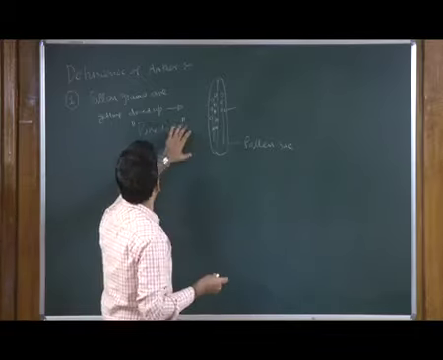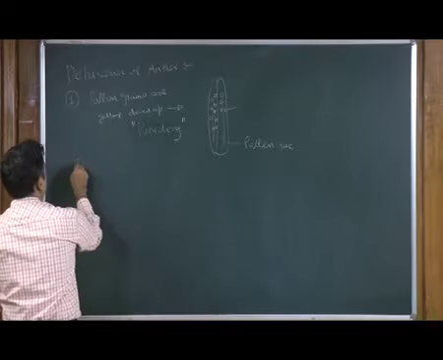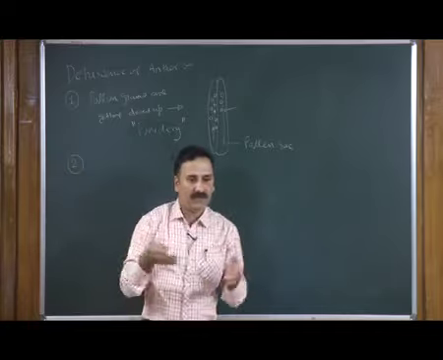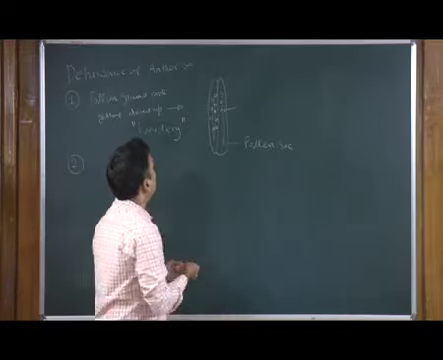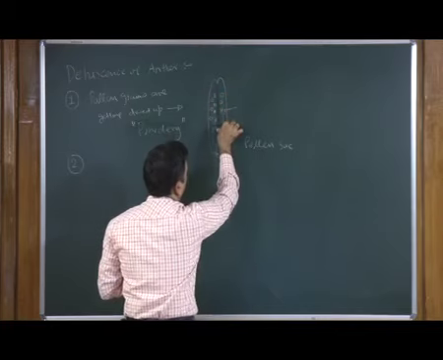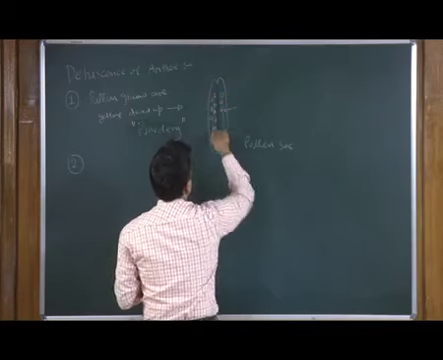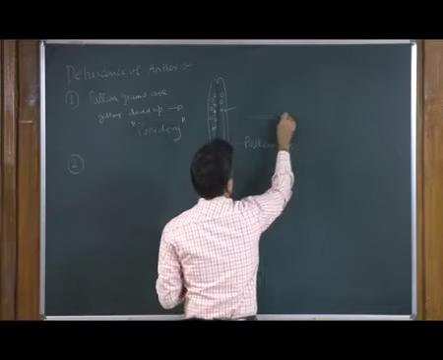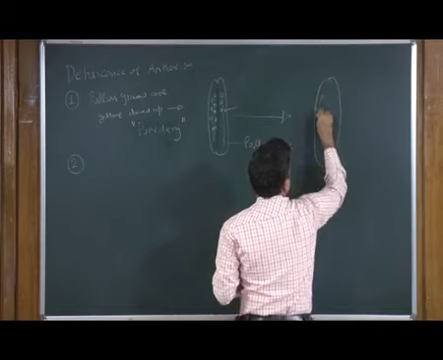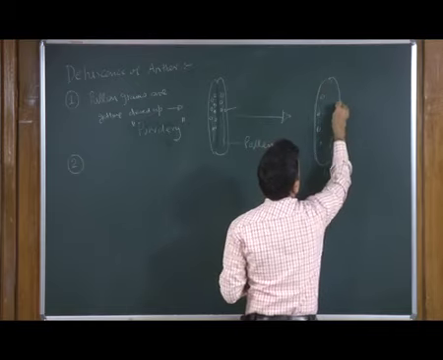Then further drying happens, and the partition between the two lobes is going to be broken down, and ultimately it is going to be a single chamber filled with pollen grains.